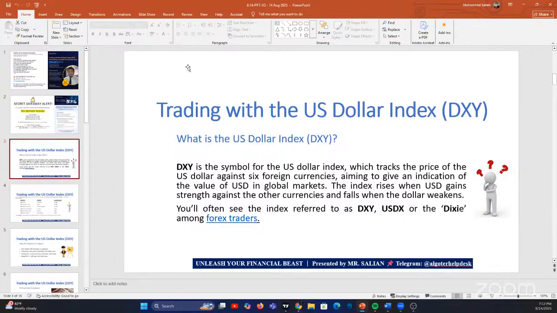So the index rises when USD gains strength against the other currencies, just like gold or EUR/USD, and falls whenever the dollar weakens. You'll often see the index referred to as DXY or USDX among forex traders. You will see later on in the chart how DXY looks and how it works.